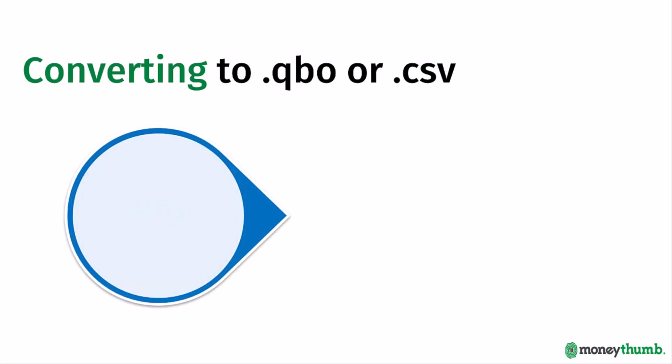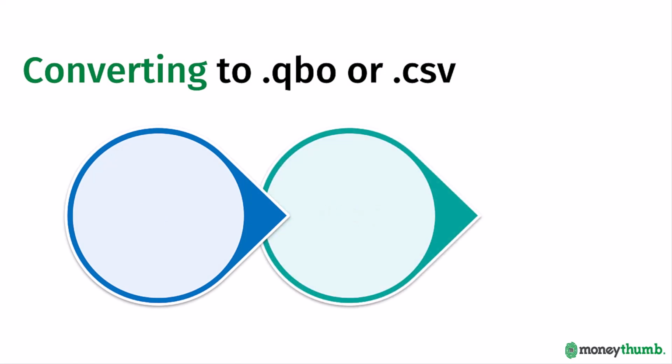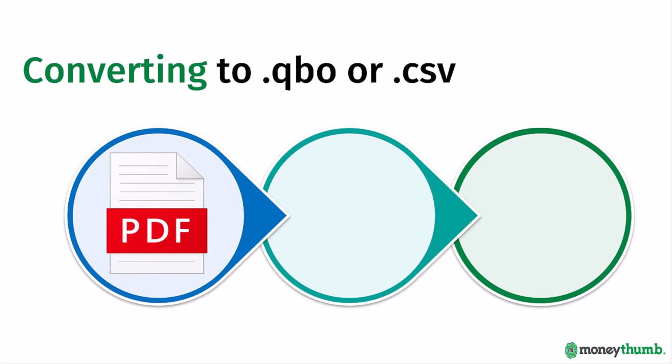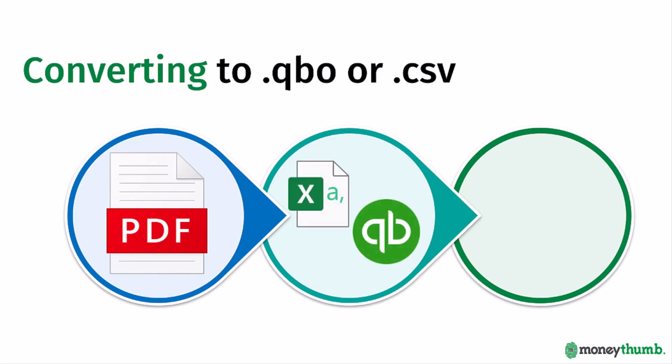Converting to QBO or CSV looks like this. First of all, you will have your PDF. And from your PDF, you will pass it to either a .QBO or .CSV file. And from there, it will go into QuickBooks.